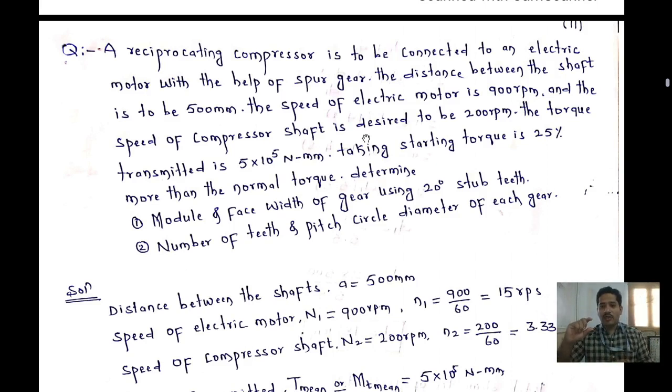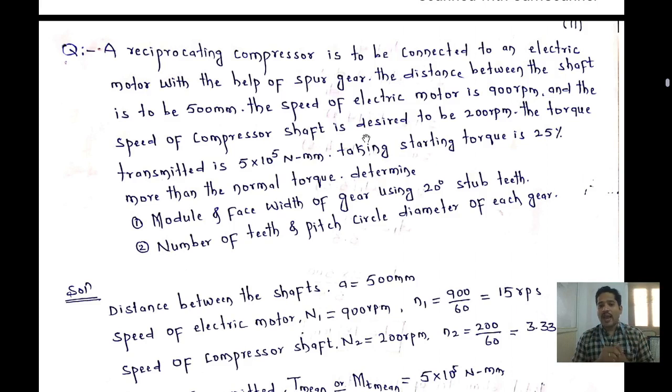The distance between these two shafts, one is the gear and the other is the pinion, is given as 500 mm. The speed of the electric motor is given as 900 rpm.